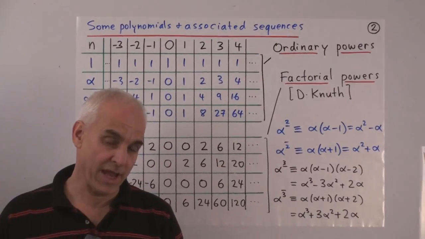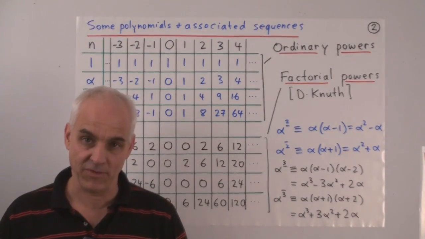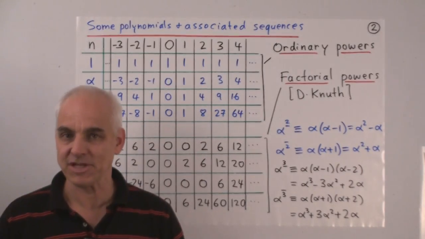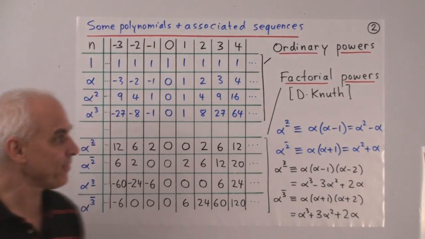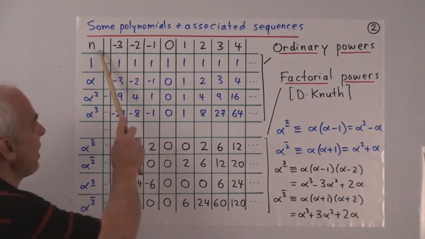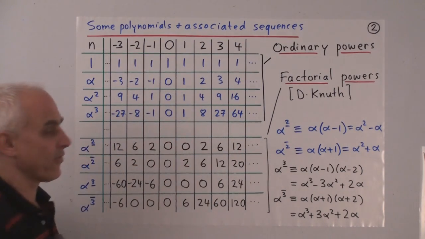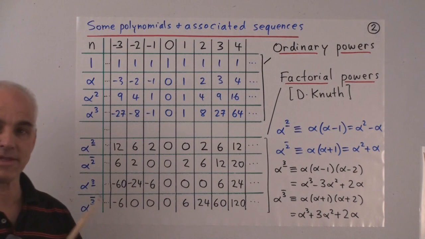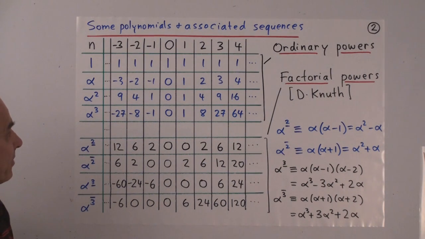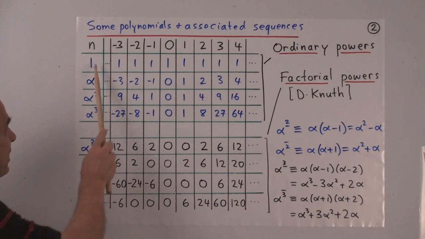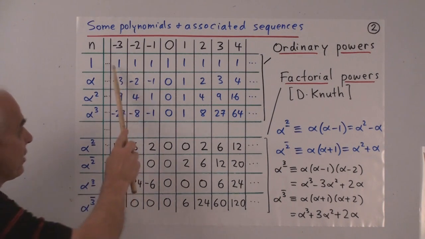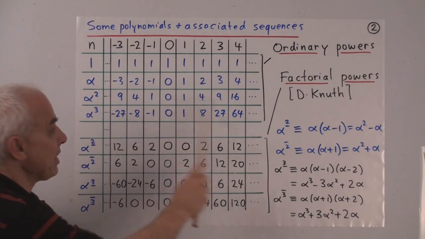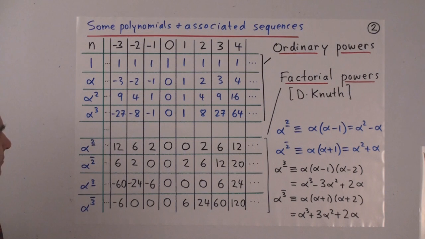So let's start by looking at some very simple sequences and then work our way up to some slightly more complicated ones. Here is our basic reference frame of the integers. These are the labels that the sequences are going to be indexed by. Here's the name of a polynomial, and here is the corresponding sequence which it generates.